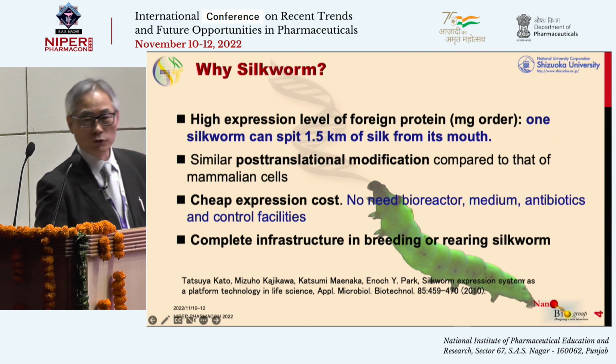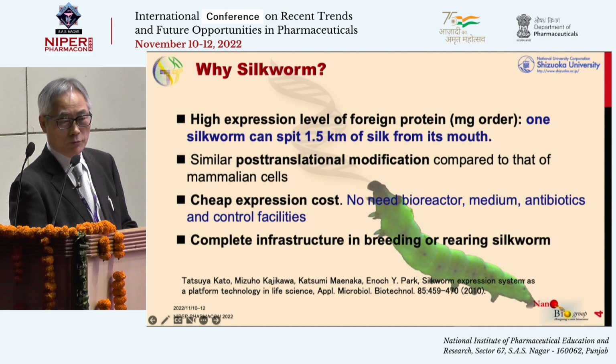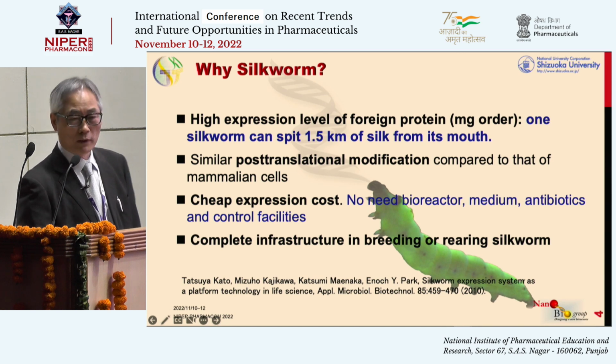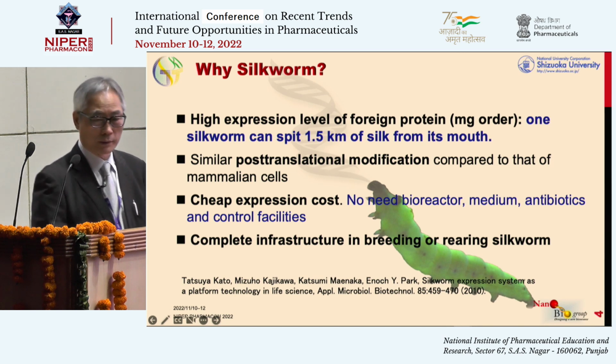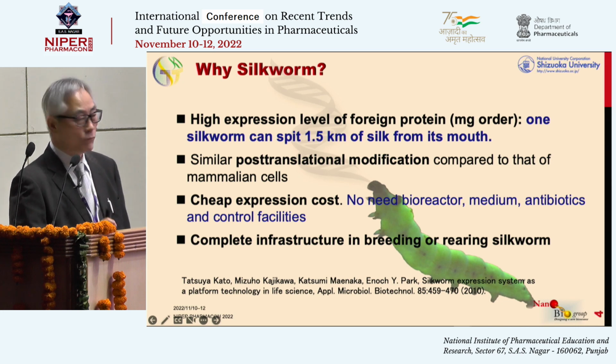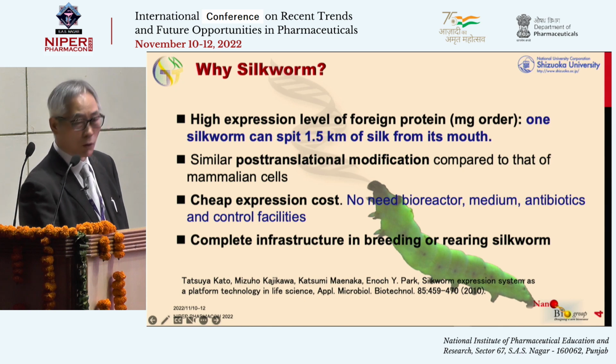Why do we use a silkworm for protein expression? Several reasons. First, expression level is very high compared to other systems. Usually silkworm can spit silk fiber 1.5 kilometers from its mouth.